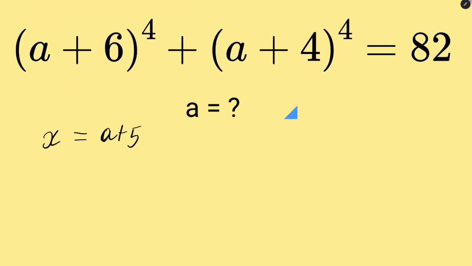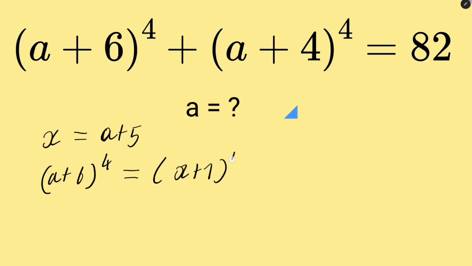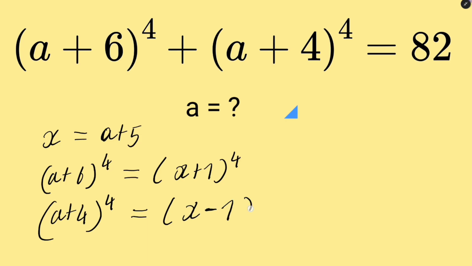So we simplify the equation: (a + 6)^4 will be equal to (x + 1)^4, and (a + 4)^4 will be equal to (x - 1)^4.